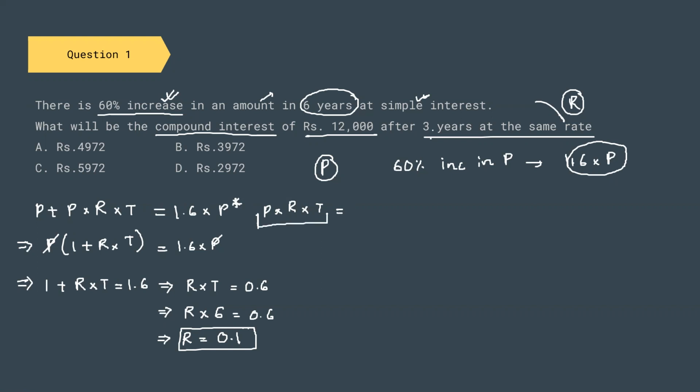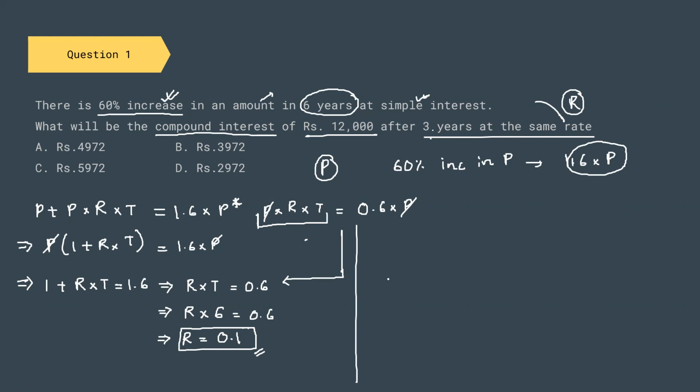So this part of the equation will be equal to 60% of the principal amount. If we cancel P from both of these sides, we reach exactly the same position, R into T equal to 0.6. In both equations, you find the value of R, that is 0.1.